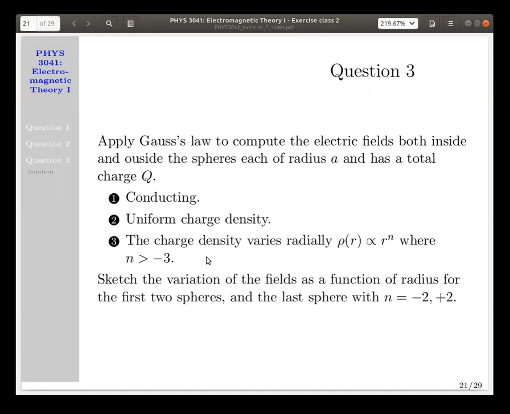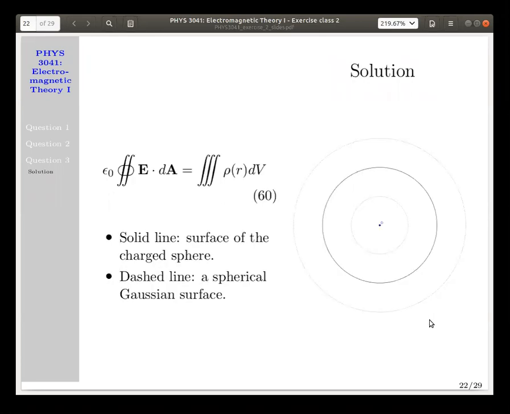Then after you have completed all of the calculations, you can try to sketch the variations of the electric fields as a function of the radius for the first 2 spheres, and for the last sphere, you can try the case with n equal to minus 2 and plus 2. So here is the Gauss law.